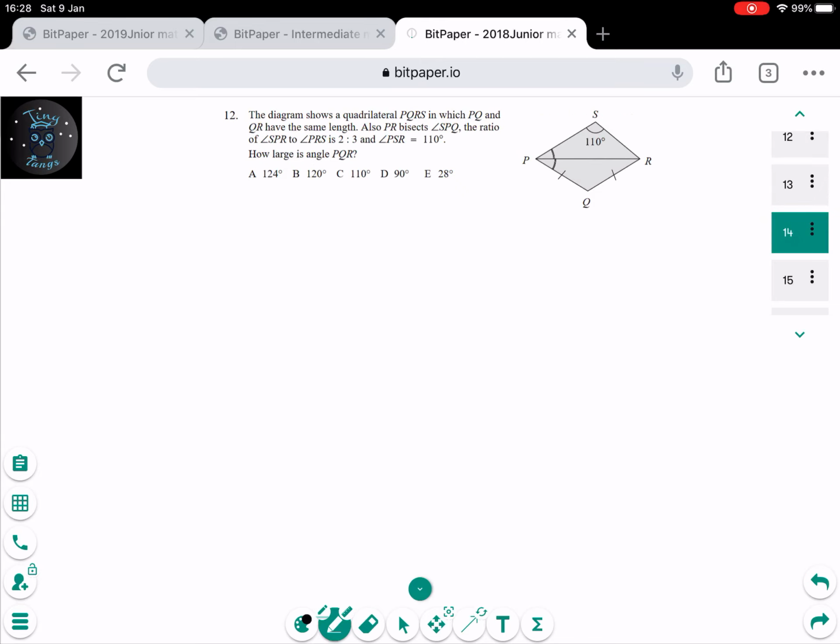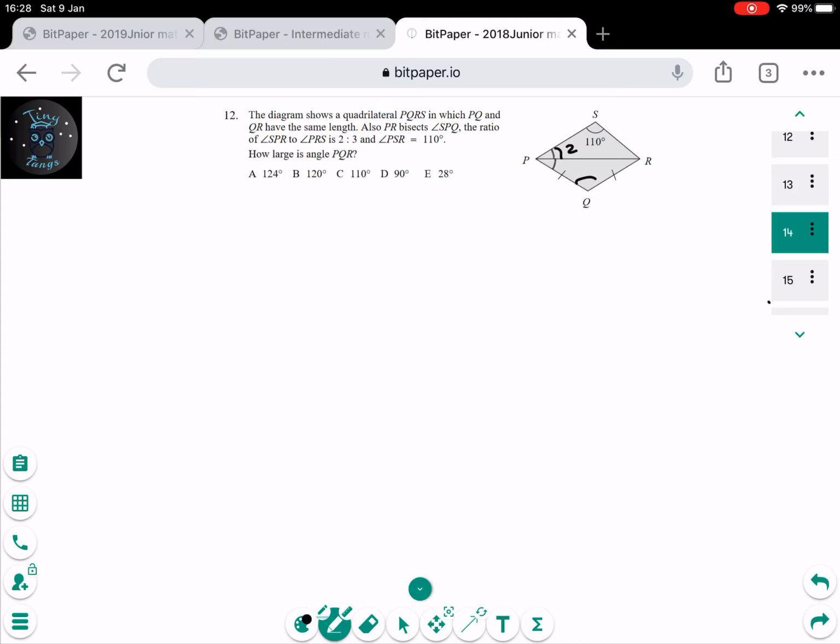For question 12, the diagram shows a quadrilateral, and it asks for angle PQR, the angle I'm drawing over. PR bisects the angle, and the ratio of SPR to PRS is 2 to 3.